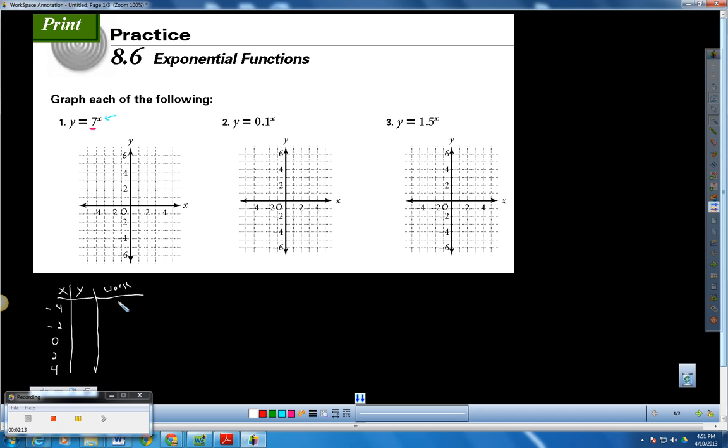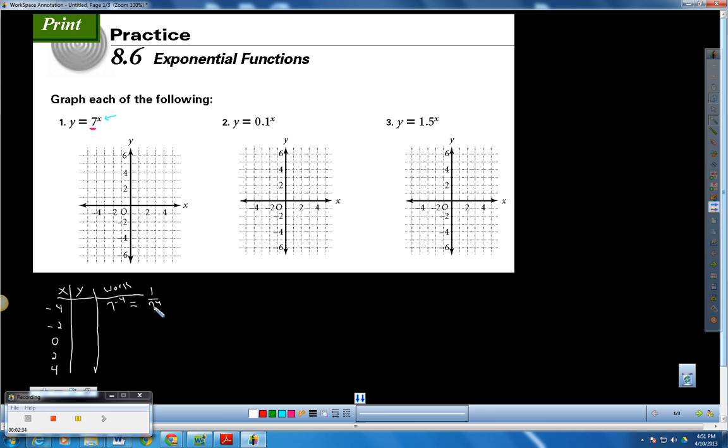Okay, I know my work is going to be 7 to the -4th power. And we went over that today in class. 7 to the -4 power is the same as 1 over 7 to the 4th. Now, I have to know what 7 to the 4th is, but really, I don't.